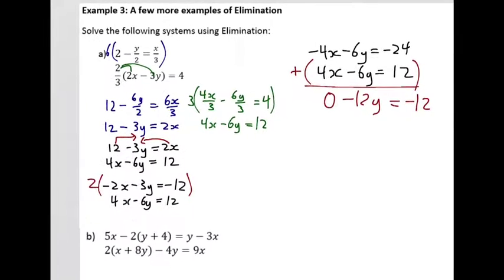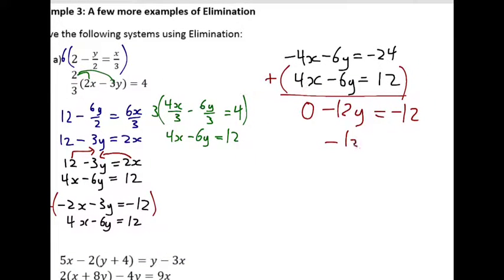Okay? So that gives, divide out that negative 12. Y is just plain old 1. Lots of work just to get to 1.